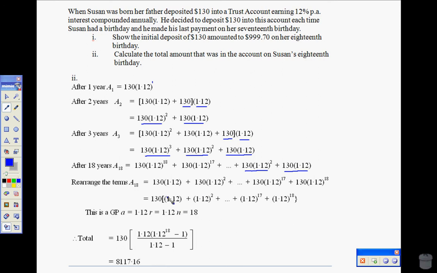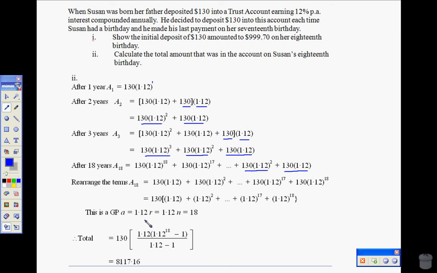And then we factorise 130 out of it. Again, now we're just making that pattern much simpler. So 1.12, 1.12 all squared. Now what we're going to see is this is a geometric progression. You've got a first term of 1.12, common ratio of 1.12, and we've got 18 terms because it's been 18 amounts of investment put in.